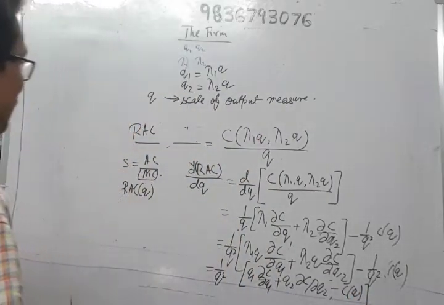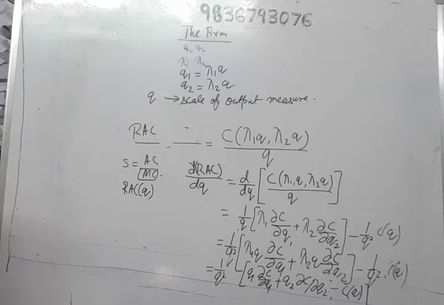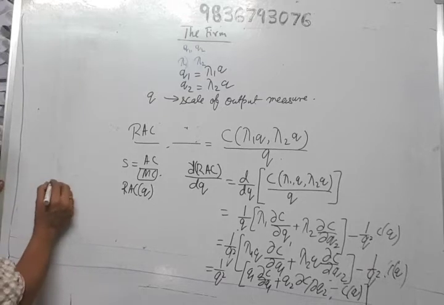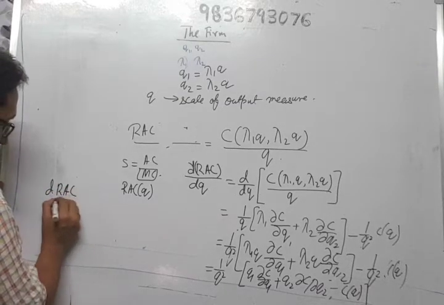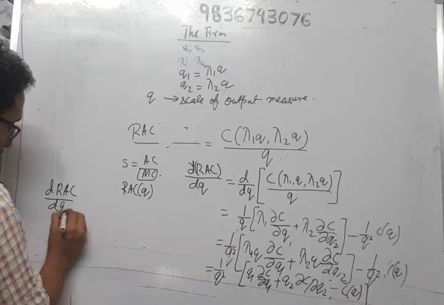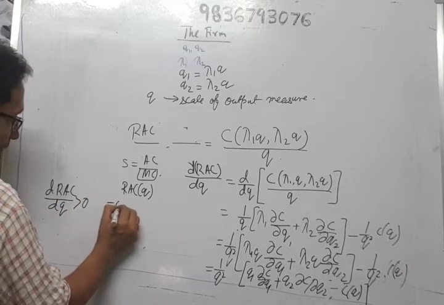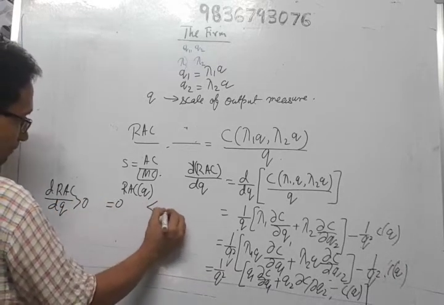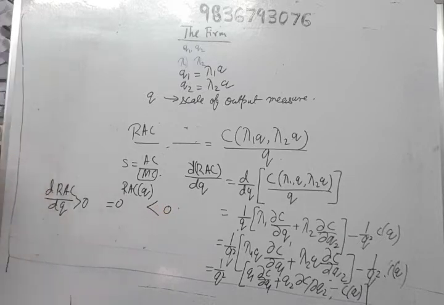Now when my Ray average cost is rising, I can have three situations: dRSC by dQ can be greater than 0, equal to 0, or less than 0. So let's see when it is greater than 0.